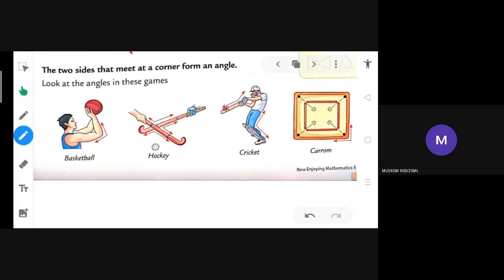So where these two sides meet, that is called a corner. Now again raise the hand those who want to read. Ma'am, Muskan, Alisha, Khadija, Inshia, and Sakina. Sakina Rajani, you can read.